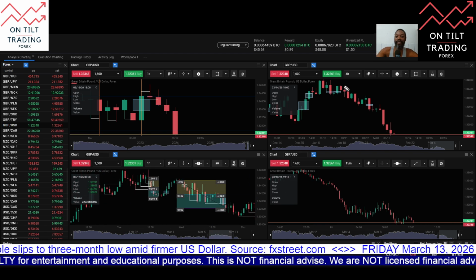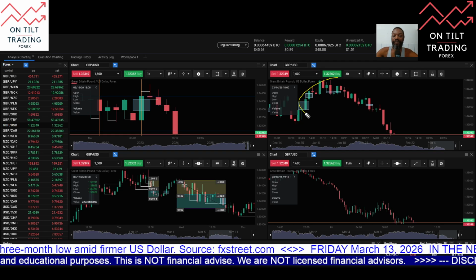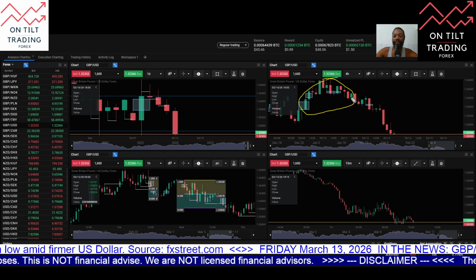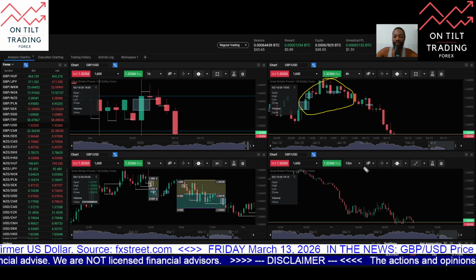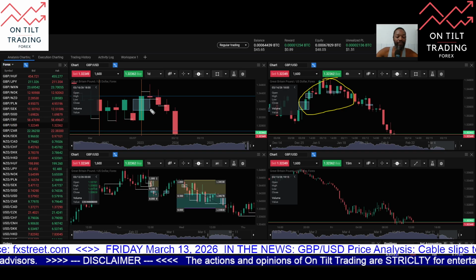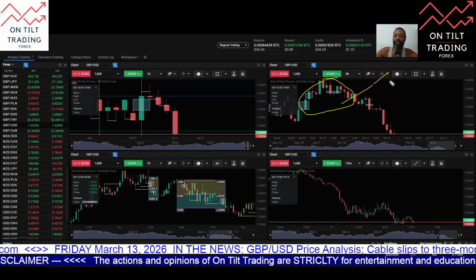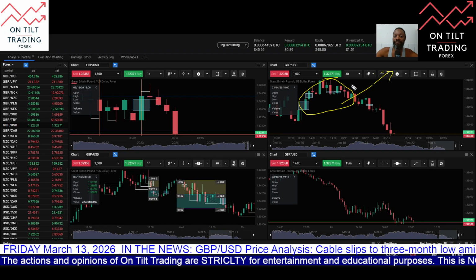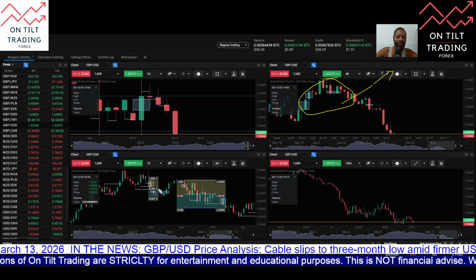And then for multiple time frame analysis here, where are we at here? This is the 10th. Price action here is still bullish on the 4 hour, as price is yet to break down.